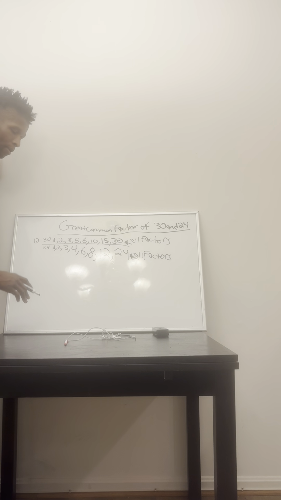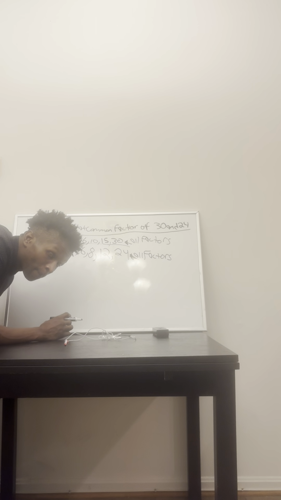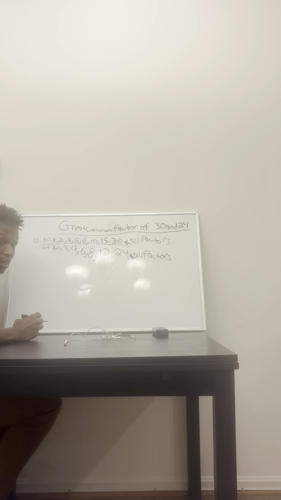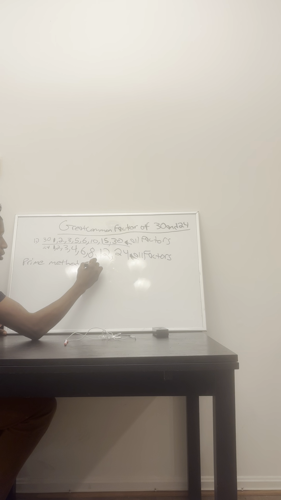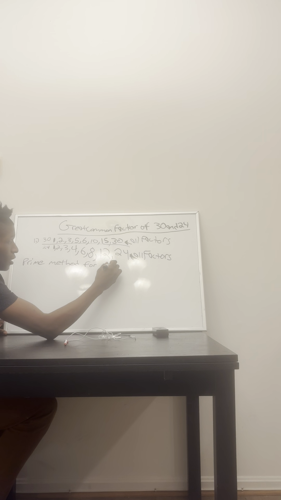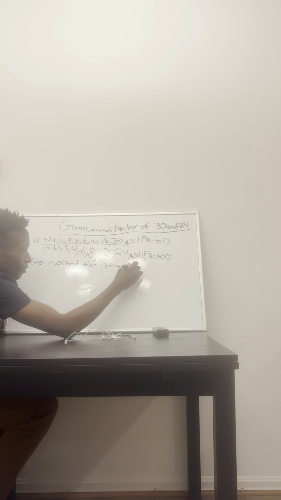So now we have to, let's try using the prime method to find our prime factors for 30 and 24.